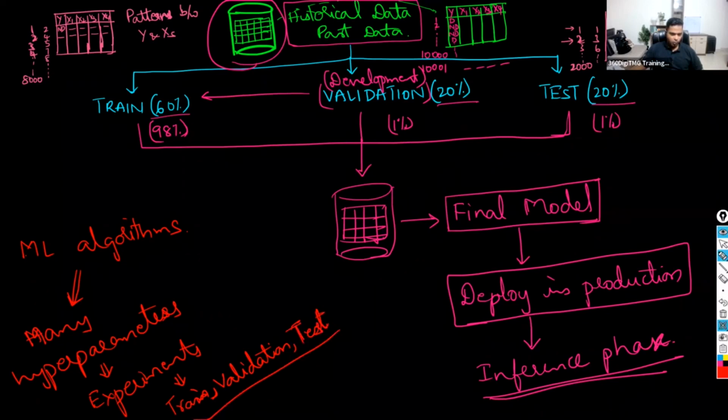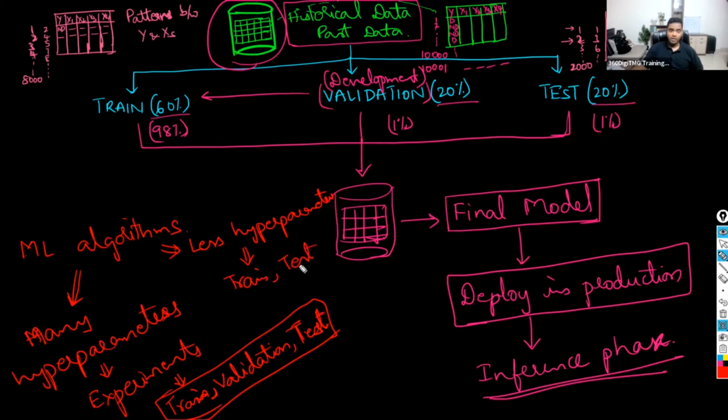Okay, training data set, validation data set, and test data set. If you have fewer hyperparameters, then you'll have limited experiments to be performed. In this case, you can have just train and test. Okay, these are a few additional thumb rules that one might want to bear in mind before proceeding further.